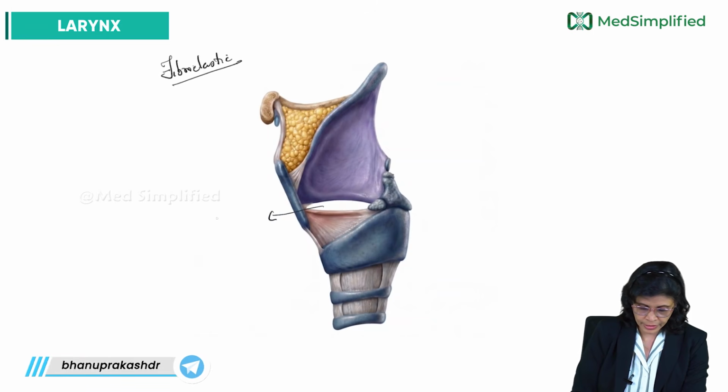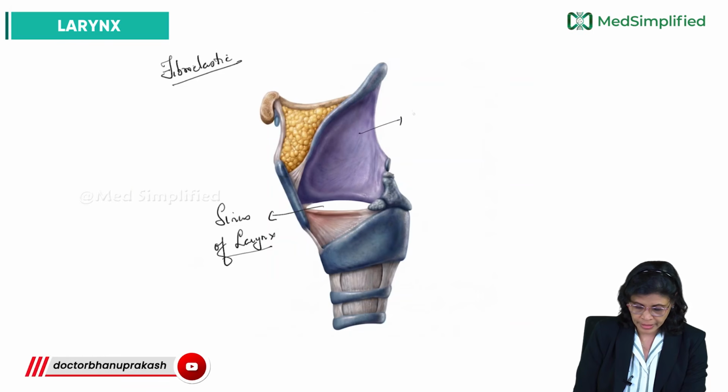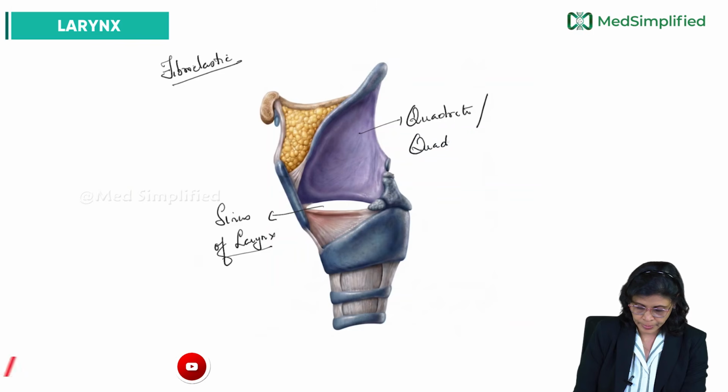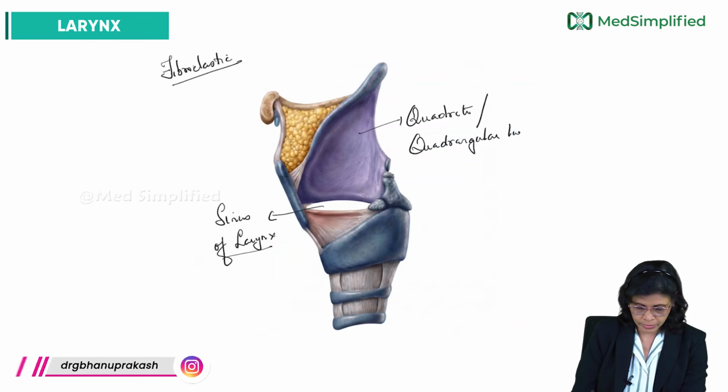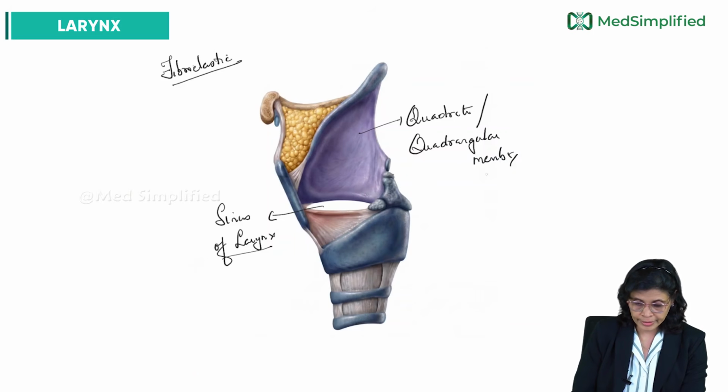The part above this sinus we call the quadrate, or quadrangular ligament. Since it is spread out, we call it the quadrangular membrane.